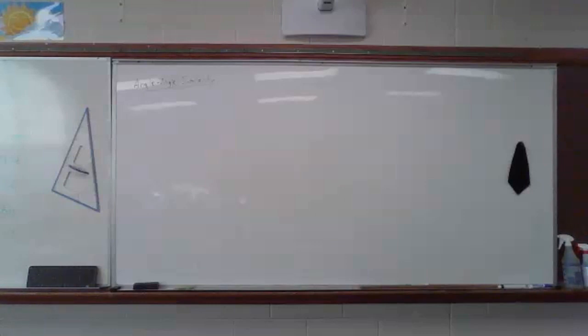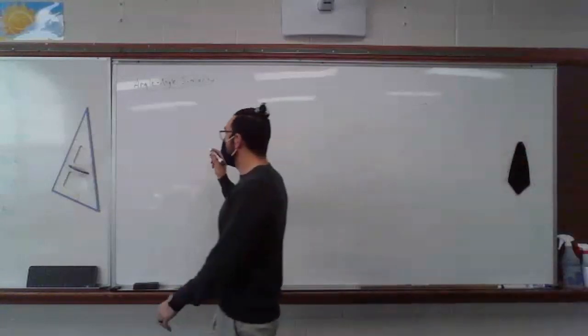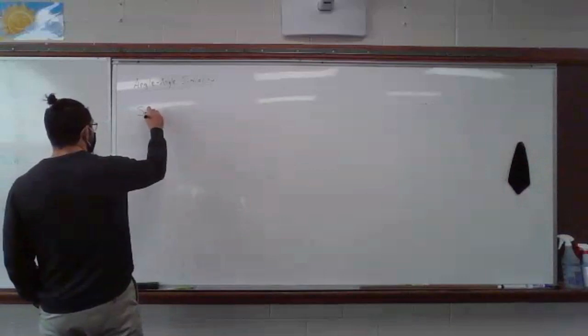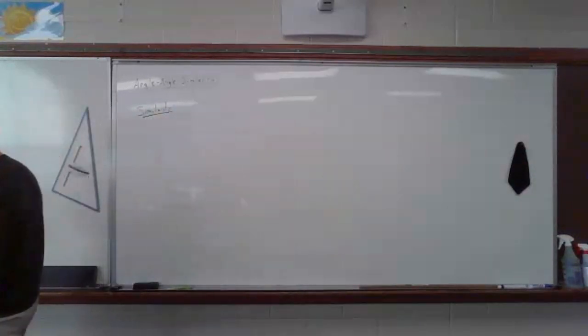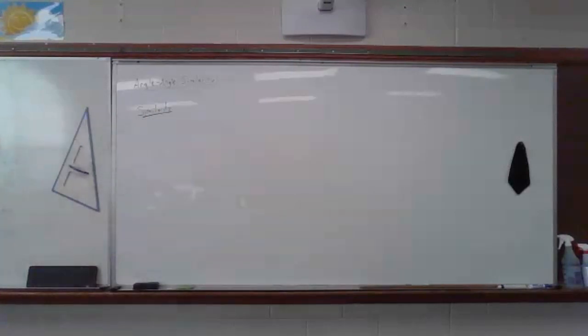In true geometry, I would express that this is a shortcut because what do we need to know about similarity? We have said there are 2 things that have to happen for triangles to be similar. What are the 2 things that have to happen?